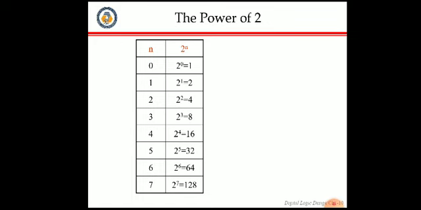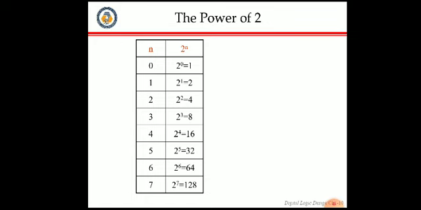So now let us see the powers of 2. Let us take n values in one column and 2 power n in another column. When n equals 0, 2 power 0 is 1.